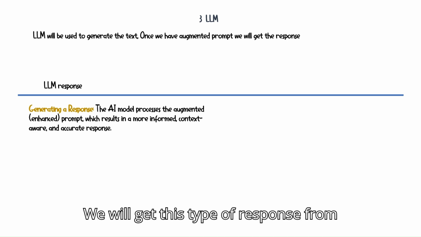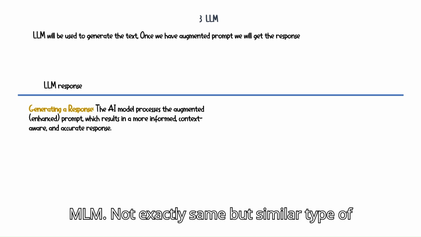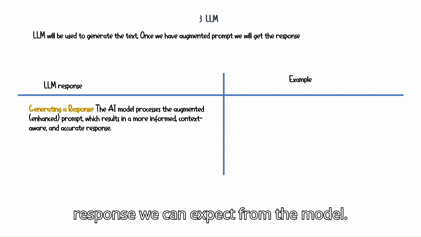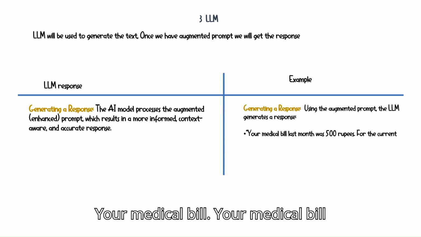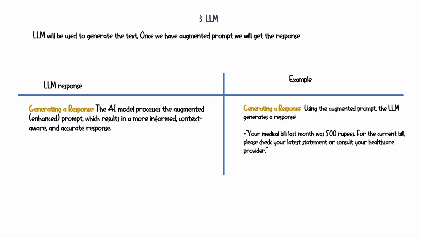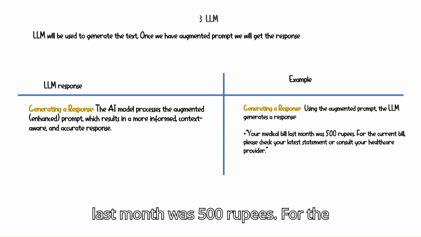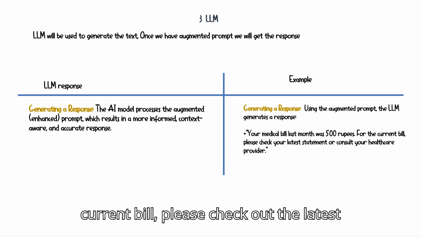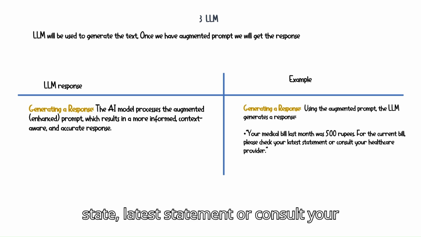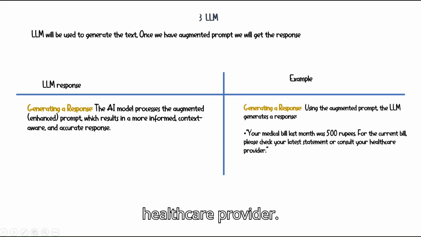We will get this type of response from the LLM, not exactly the same but a similar type of response we can expect from the model. Your medical bill last month was 500 rupees. For the current bill, please check the latest statement or consult your healthcare provider.